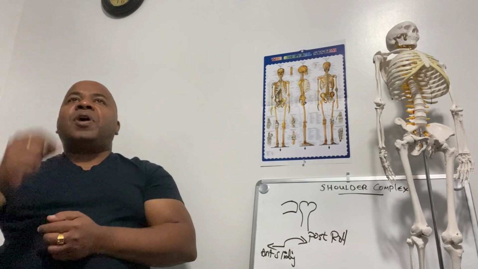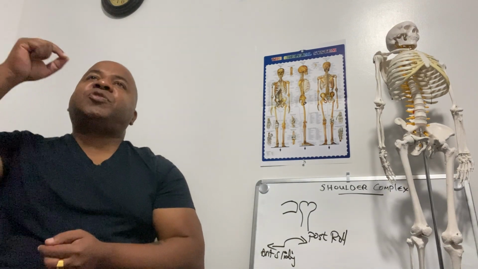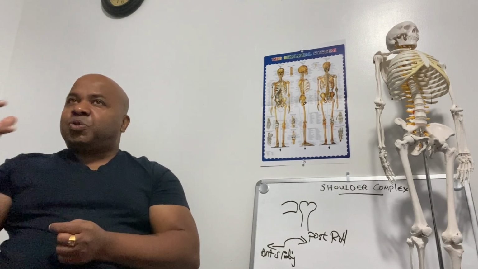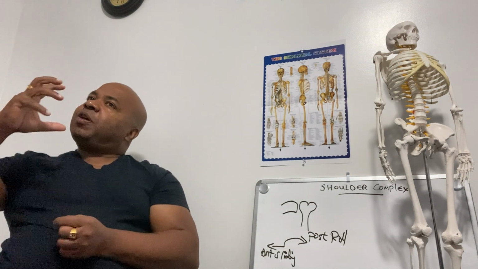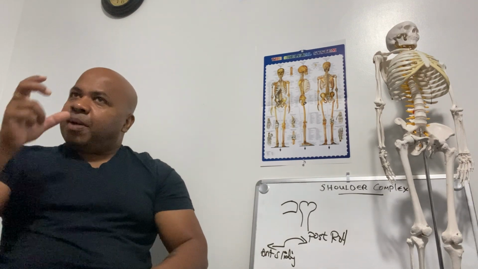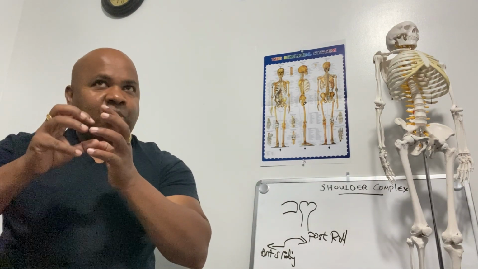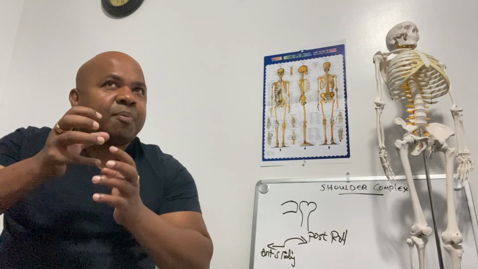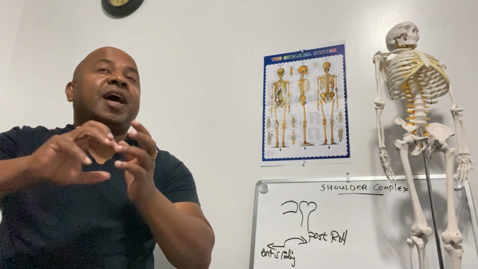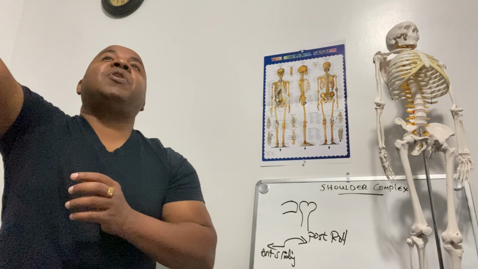First, let us see what is a convex concave rule. A convex concave rule states that when a convex bony component moves on a concave bony component, the convex bony component moves in the opposite direction to that of the shaft of the long bone.